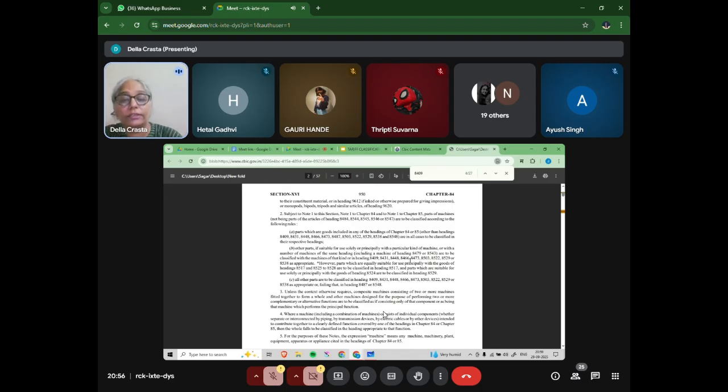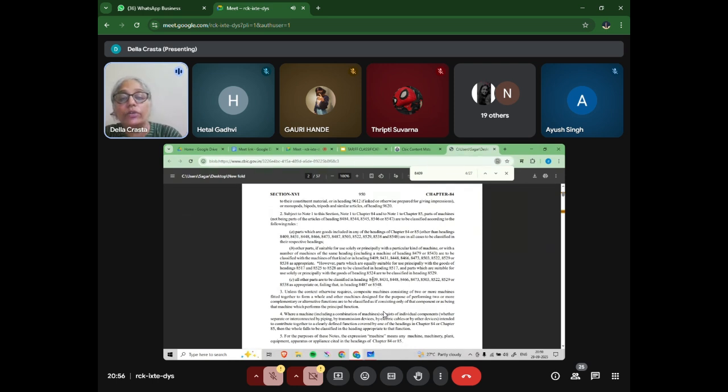See, these are all parts. 8409 was parts of engines, as appropriate. However, parts which are equally suitable for use principally with the goods of heading so and so, and parts suitable for use solely or principally with the goods of heading 8524 are to be classified in heading 85. This is not relevant to us.